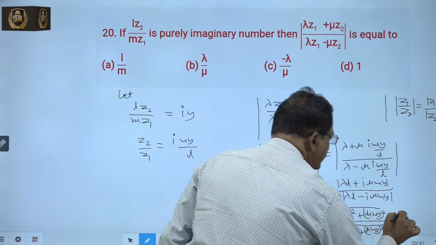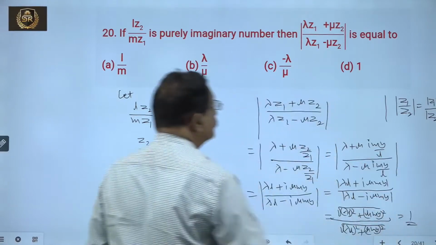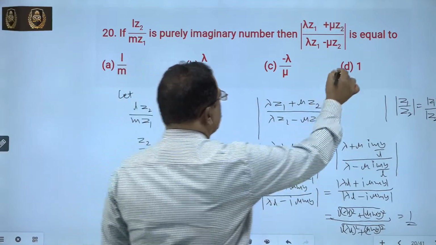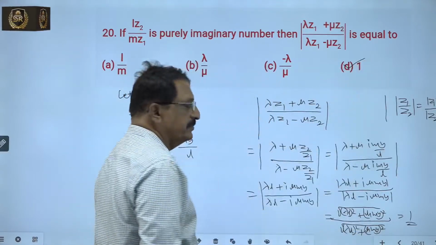Now numerator and denominator are the same, so they cancel. Answer is 1. Then option D is correct. Option D.